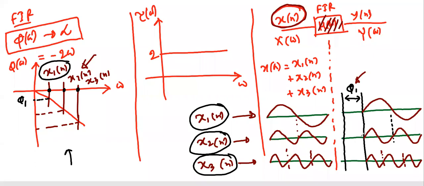And in the case of x2[n], the distance is the same. What about the phase? Is it higher or lower? The same amount of distance will carry a high or lower amount of phase for x2[n]. Any of you would answer?